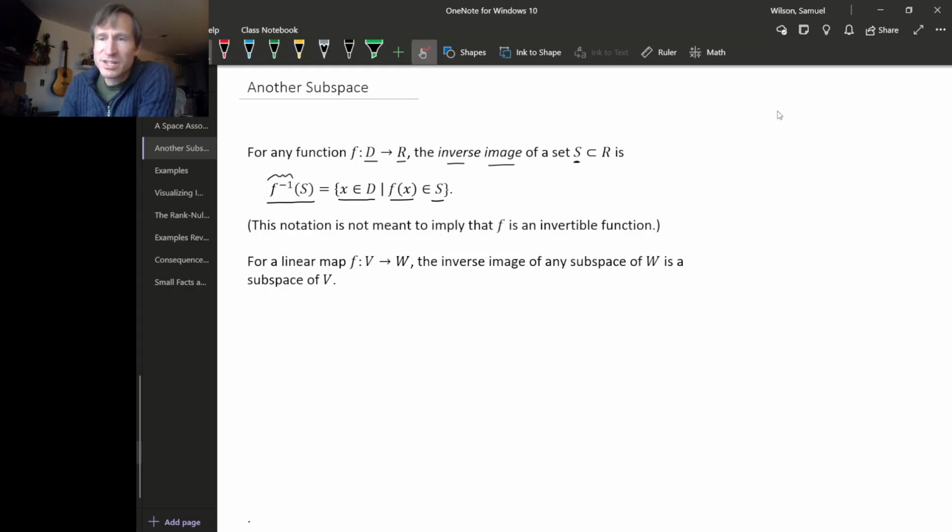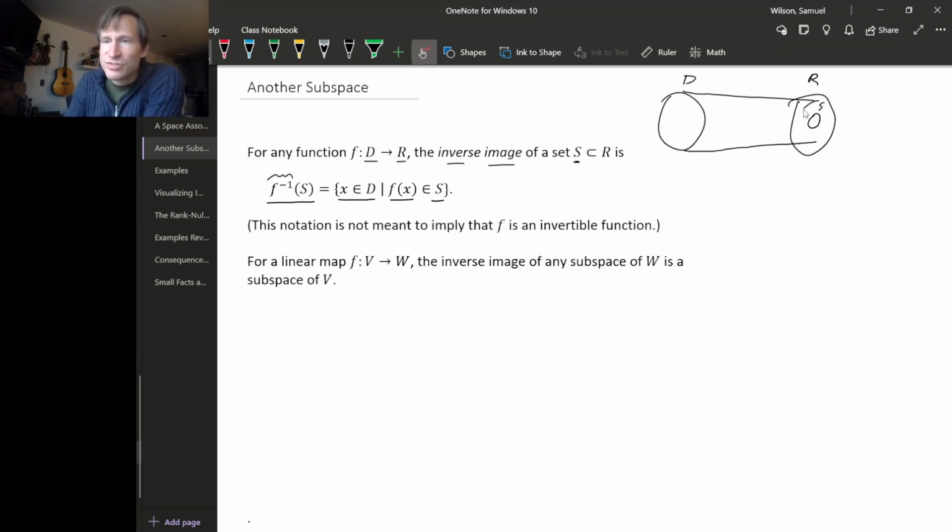So the situation here is, again, we have a domain and a codomain. We have this subset S over here in the range. The function is going to map things in the domain over to stuff in the codomain, but many elements in the domain may land outside of S once you go over to the codomain.